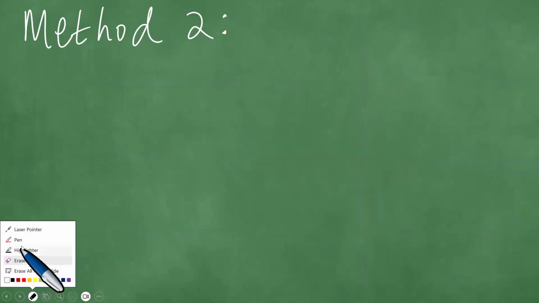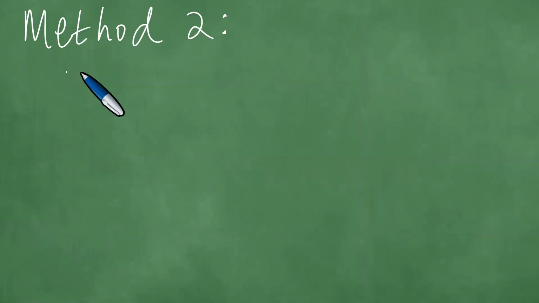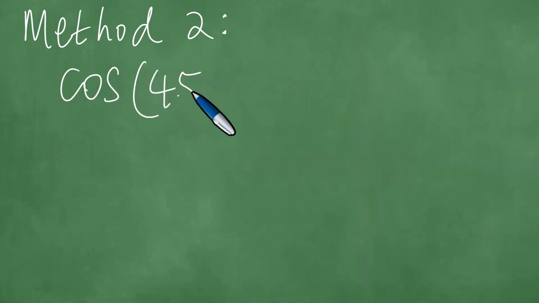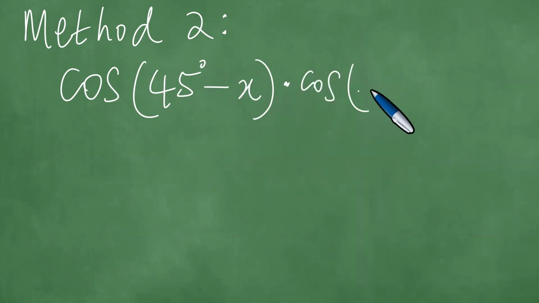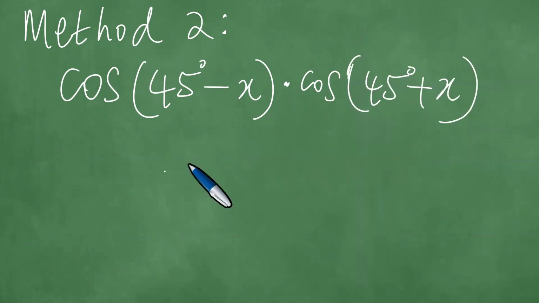All right, so we are here and we are dealing with the cosine of 45 degrees minus x into the cosine of 45 degrees plus x.